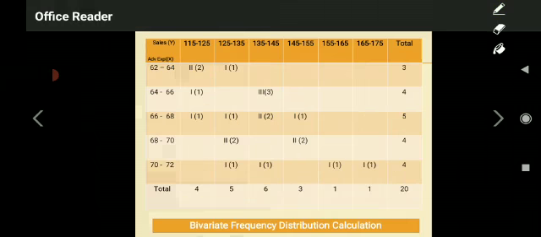Okay, now try to understand. Here, look at the first company. First you have to prepare the class interval. Okay, how to prepare class interval? Like this you have to prepare the class interval.